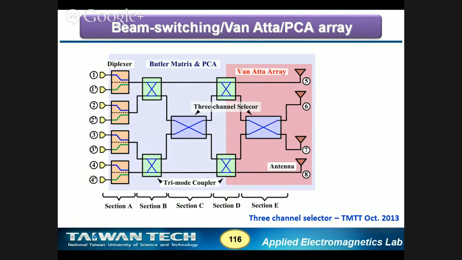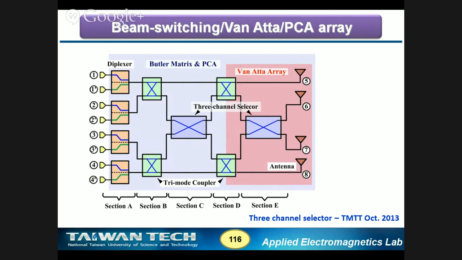Because for the Butler matrix mode, the beam switching mode, the input signal is from port 1, 2, 3, and 4. But for the PCA mode, the signal from the local oscillator will come from the 1 prong, 2 prong, 3 prong, and the 4 prong. So they are different. So we need a diplexer here.